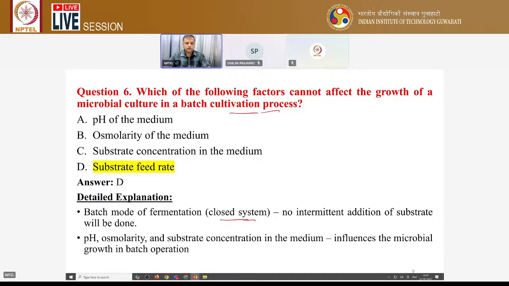So if there is no inlet, the substrate feed rate is not going to affect the microbial growth rate. While pH may affect, osmolarity may affect, and substrate concentration is definitely going to affect. But as it is a non-continuous process, the inlet and outlet are 0.